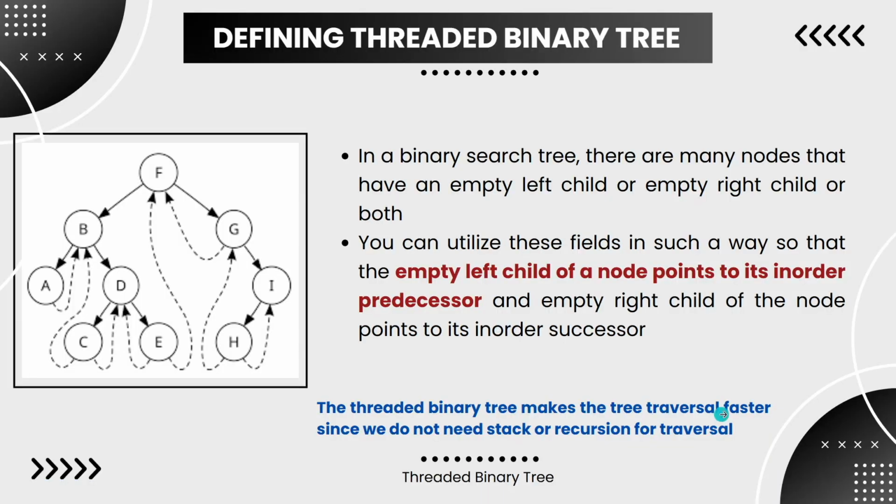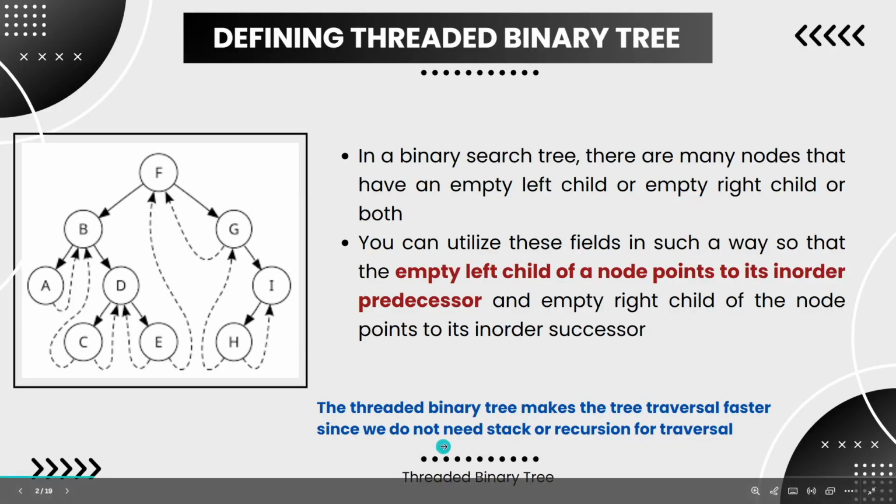The advantage we gain with a threaded binary tree is that it makes traversal much faster, just because it does not employ a stack and we do not use recursion for performing a traversal operation. So, these are some things that are true for a threaded binary tree.